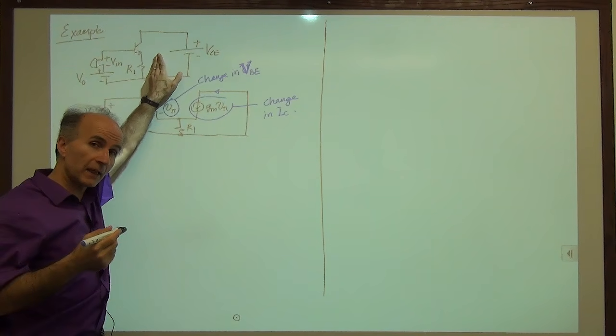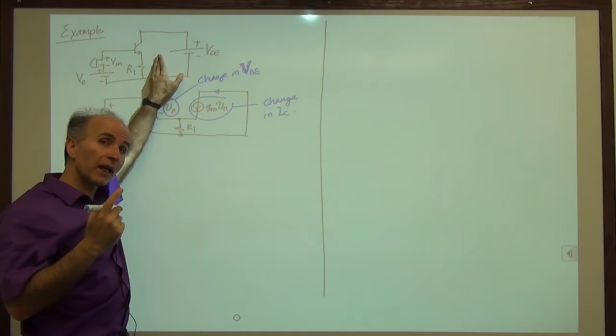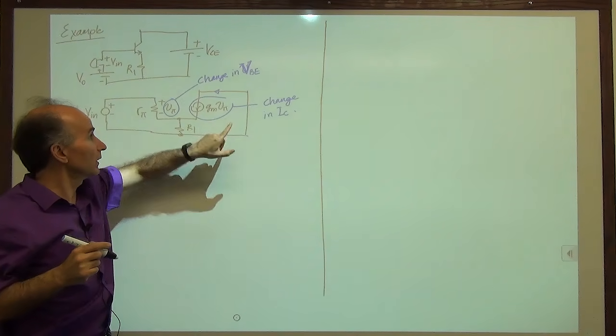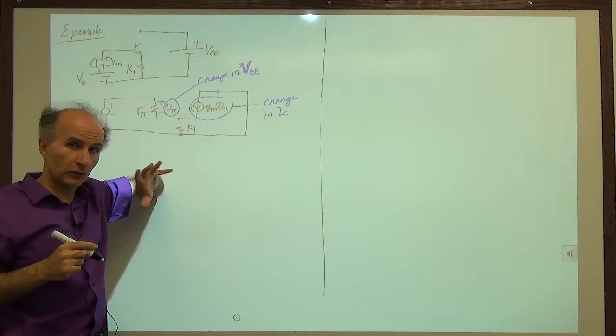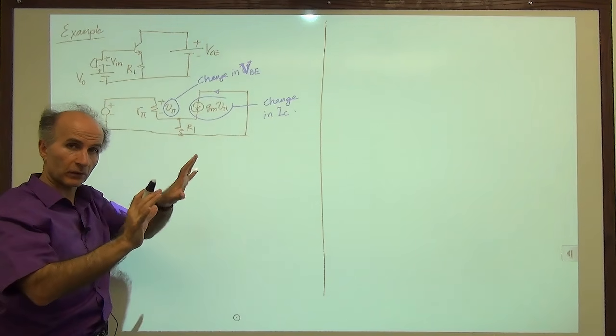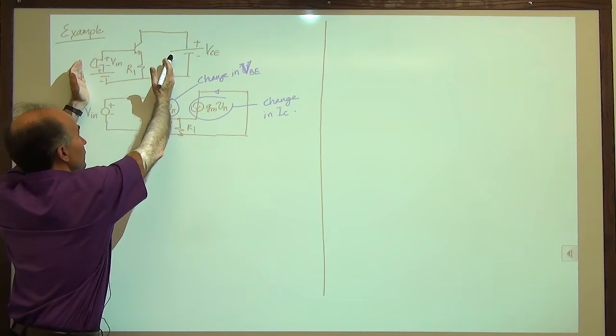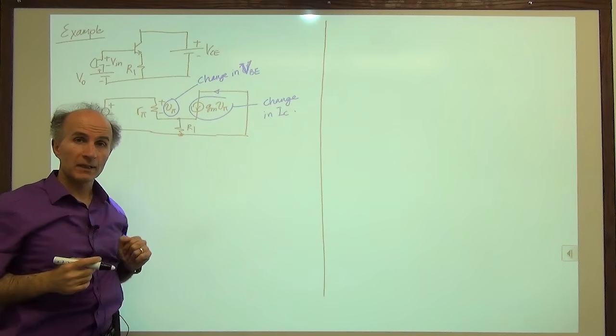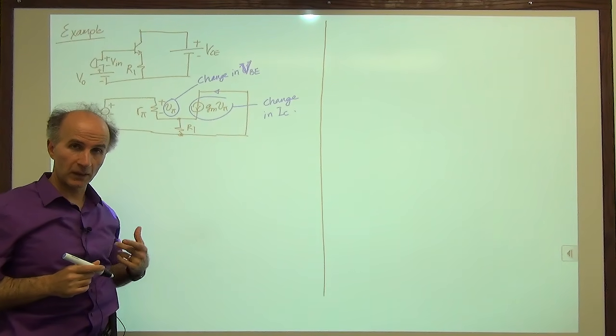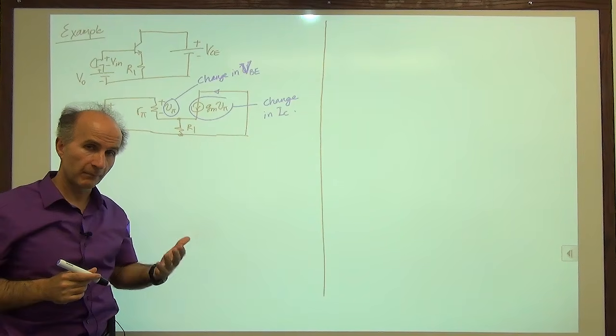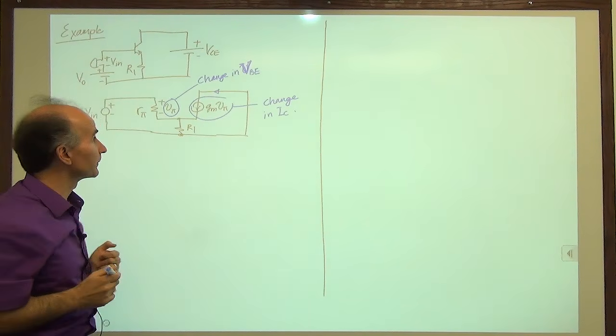Now, when the signal comes in, that current begins to change, and that change is what we call GmV pi. It's always good to remember that we have two different models. One model for bias calculations, one model for signal calculations, so to speak, meaning the response to small perturbations.